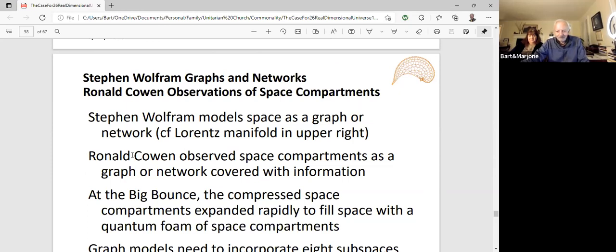And then Ron Cohen actually observed that these space compartments, especially when the big bounce occurred, you could see that they really were made up as like a graph or a network that was just covered with information. So the compartments of space themselves, he could see a graph. And it was, remember, space is going to be in 24 spatial dimensions. There's still the 2 dimensions for time.